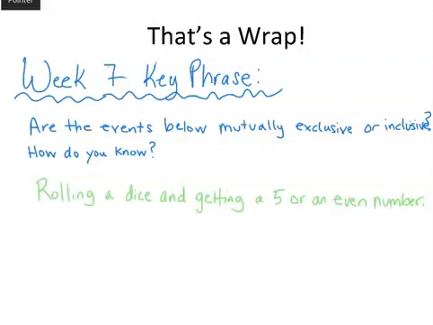So what you need to do for this key phrase assignment is determine if rolling a dice and getting a 5 or an even number is an example of a mutually exclusive or mutually inclusive event. And then as well, you need to tell me, how do you know? Why did you choose your response?